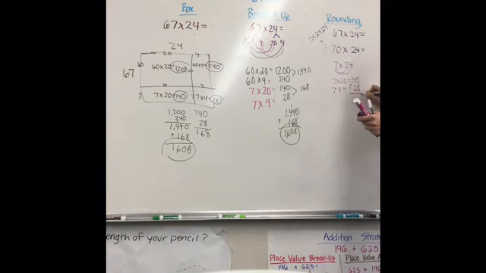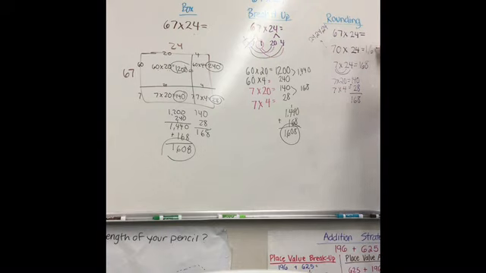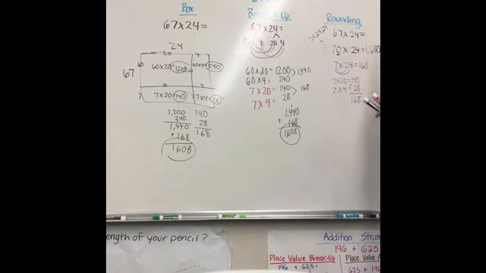Add them together, and now I have 168. So if this equals 168, and it's 20 because that's 20 and 24, then if I bring it up here, it'll be 1,680, because I'm adding that 0 back, right? Where I took it away. So I'm multiplying my answer by 10.